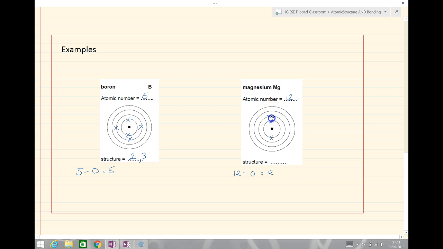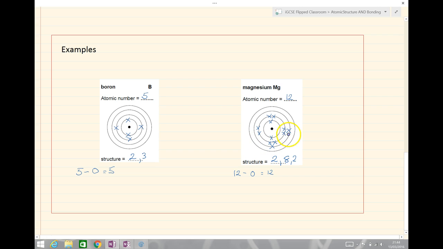So we put 1, 2, 3, 4, 5, 6, 7, 8. That completes the second shell. We've now got 10 electrons in. We then move into the third shell, which is the next one out. We put 2 electrons in there. Our electronic structure, therefore, is 2, 8, and 2.